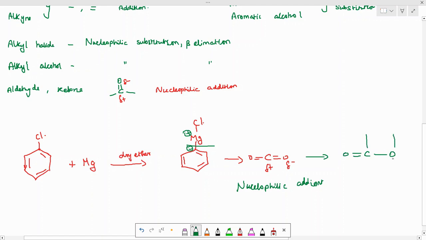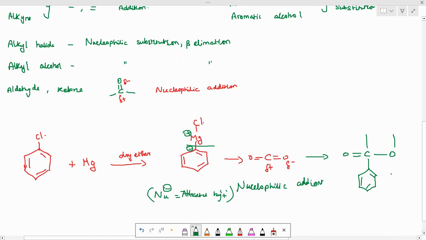This is called addition. But at the carbon part, a nucleophile is going to be added. A nucleophile is nothing but a species which has a negative charge, attracted by the nucleus, that is, by positive charge. So positive charge is nothing but the nucleus. That's why we say the name nucleophile. So the nucleophile, MgBr, you are going to add at carbon.